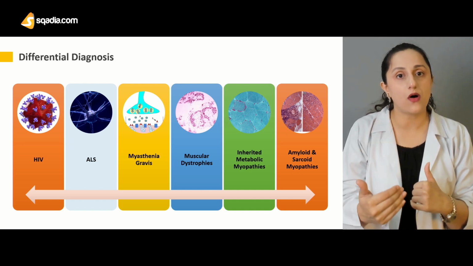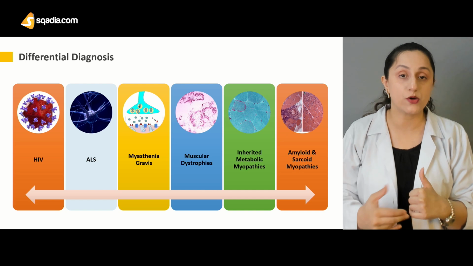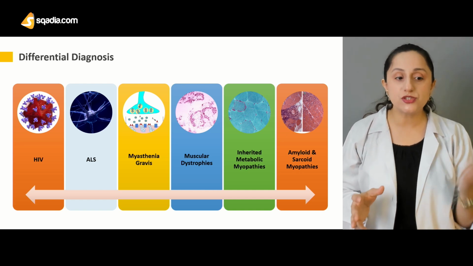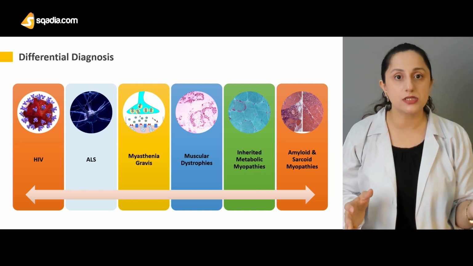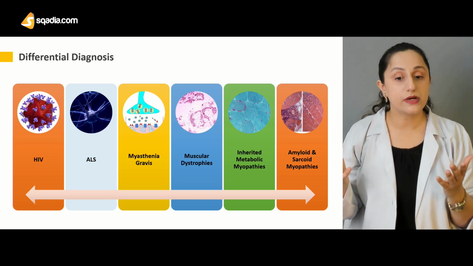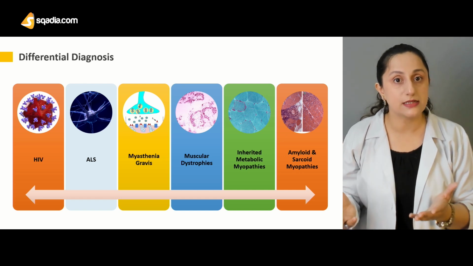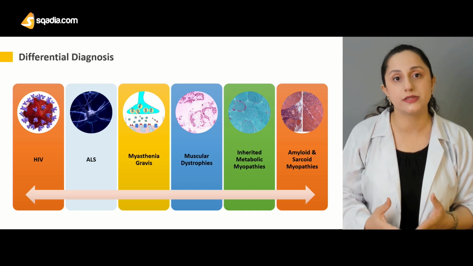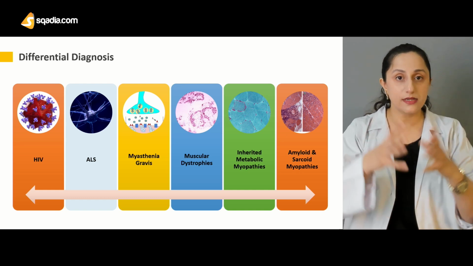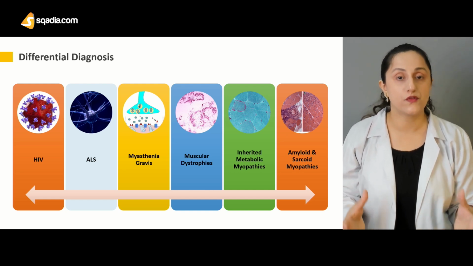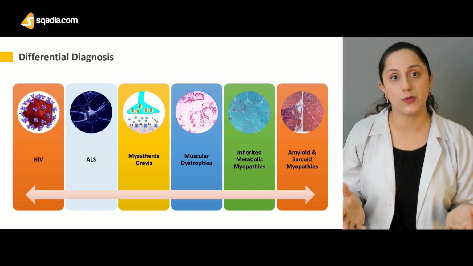And then moving on, the labs are again very important, because we have to rule out all the other differentials ranging from the infectious conditions, a lot of autoimmune disorders, a lot of muscular dystrophies themselves, and a lot of spinal cord disorders that have this particular set of signs and symptoms that may mimic this condition of myositis as well.